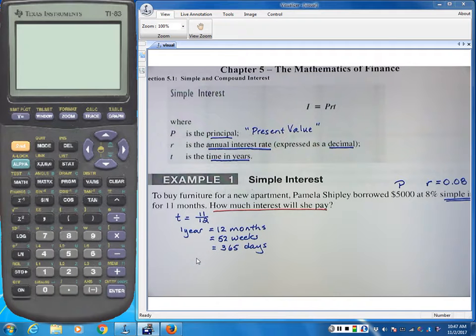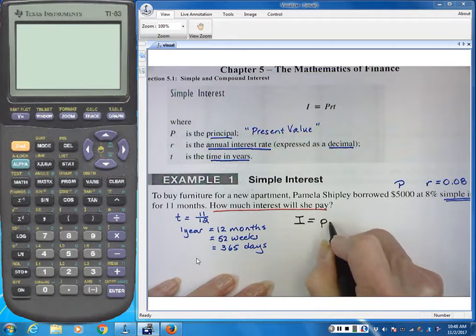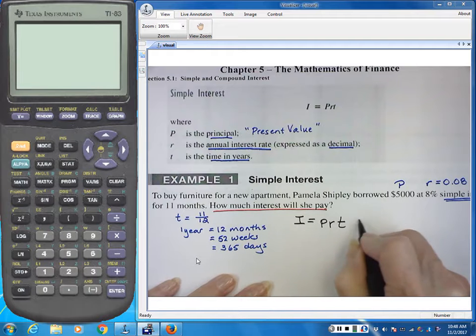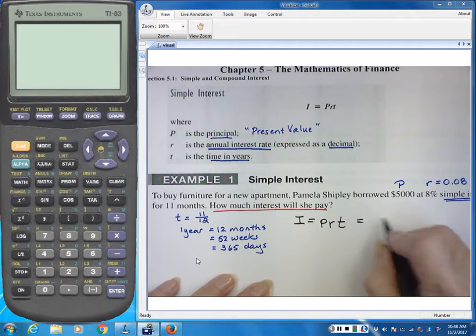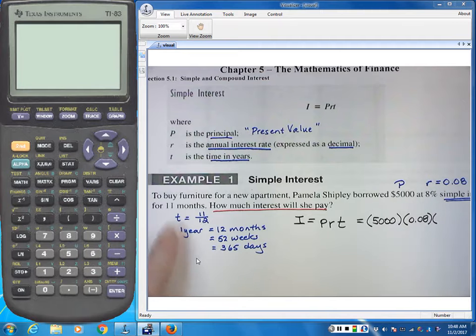The way that you calculate that is just substitute in: interest equals principal times rate times time. So that means since our principal is $5,000, and our interest rate is 0.08, and her time is 11 months, you put in 11 divided by 12.